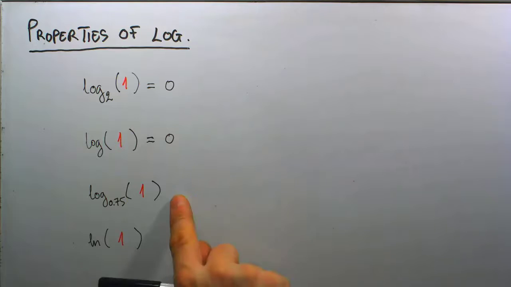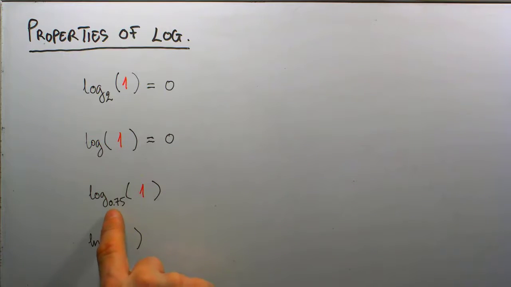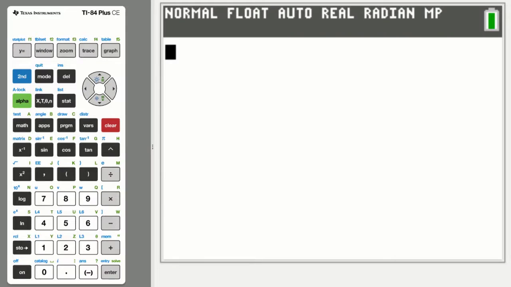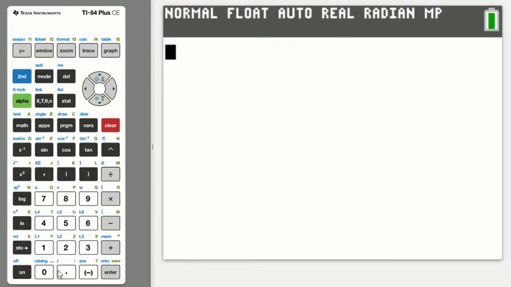And now let's advance to log base 0.75 of 1. Back on the calculator, again, 0.75 is a base other than base 10 and base e, so I'm going to make a choice. We can go with log base 10 or log base e right here. These are the only two choices available with this calculator. So I'll go with natural log of 1, because really the problem is log base 0.75 of 1.